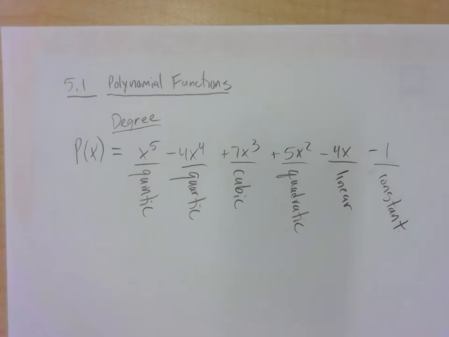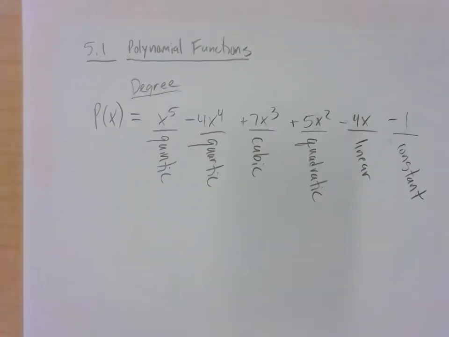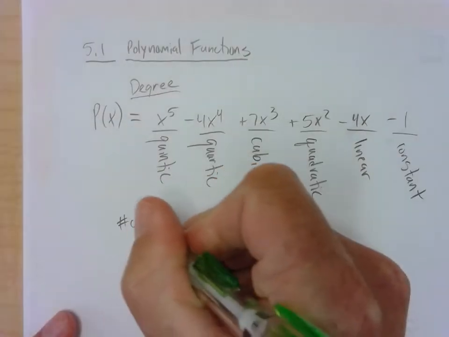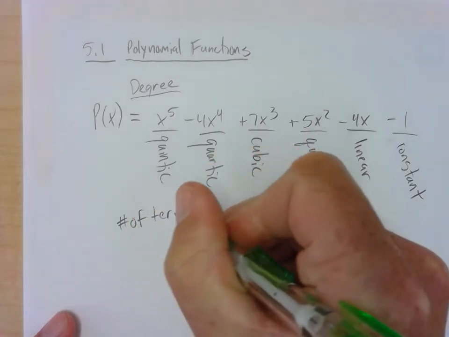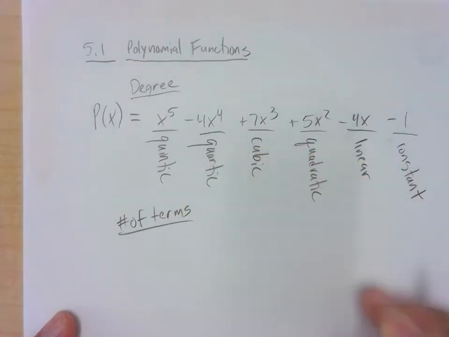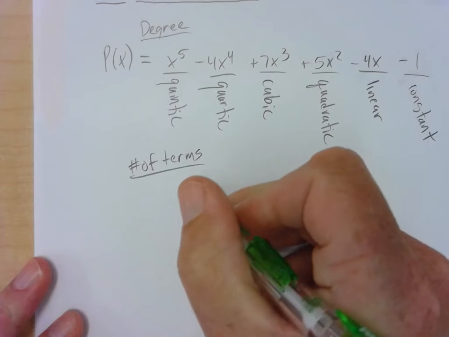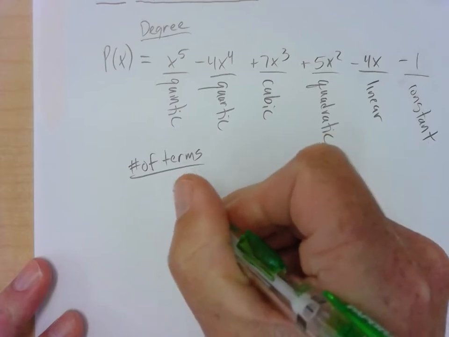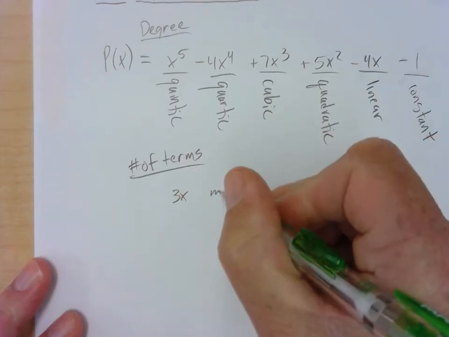You can also classify by the number of terms. So the number of terms, if there's one term, like 3x, that would have one term, we call that a monomial.